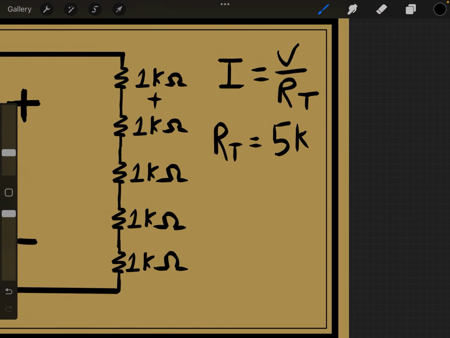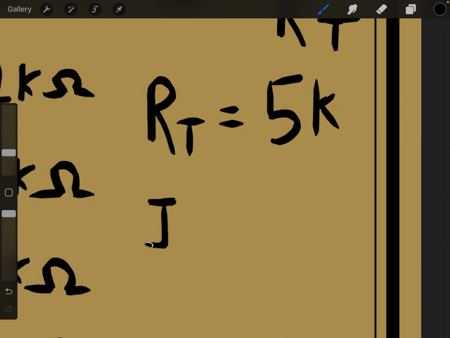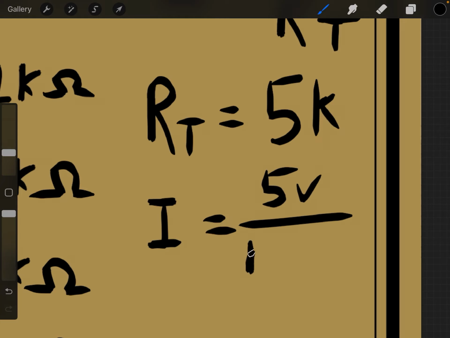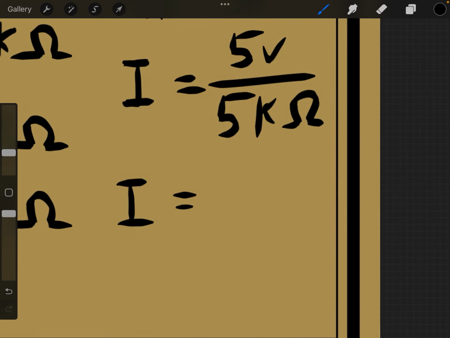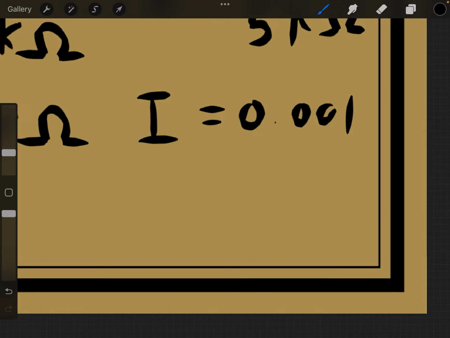Right, we're just adding these up because they're in series. I is equal to 5 volts divided by 5 kilo ohms, which is going to equal 0.001 amps or 1 milliamp.